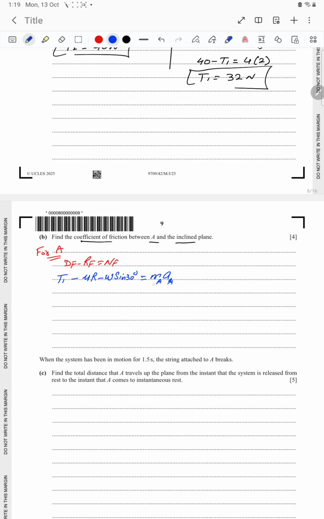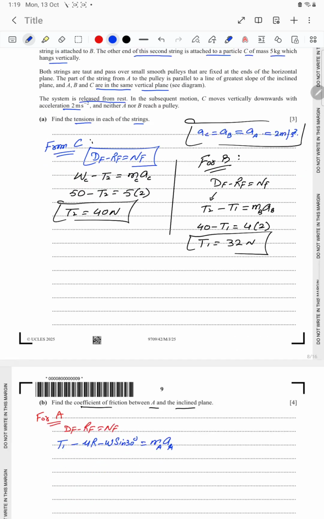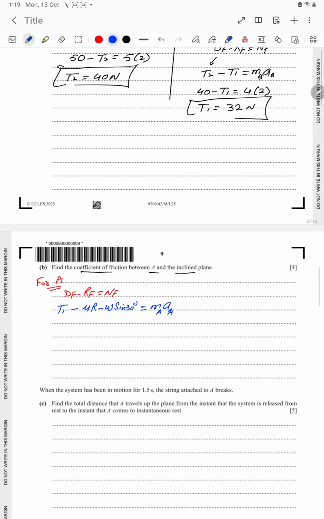So R is what? The weight component W cos theta is balanced by R, so R is equal to W cos 30 degrees.